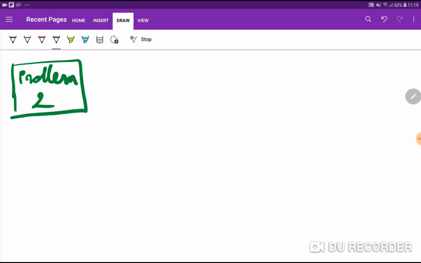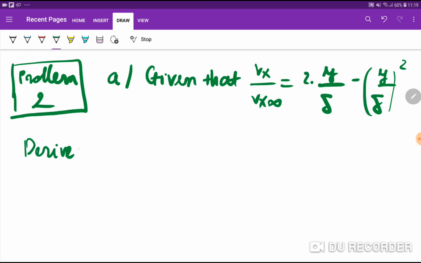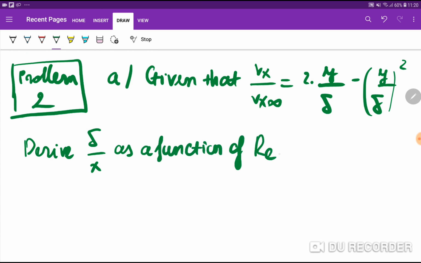We have 4 parts, A to D. For the first part, they say, given that Vx over Vx infinity equals 2 times y over delta minus y over delta squared, derive delta over x as a function of Reynolds number with respect to x.